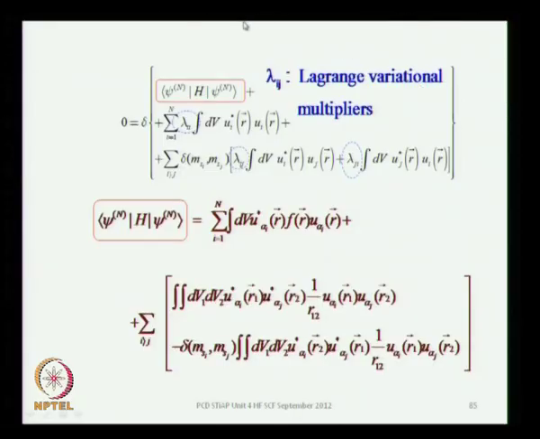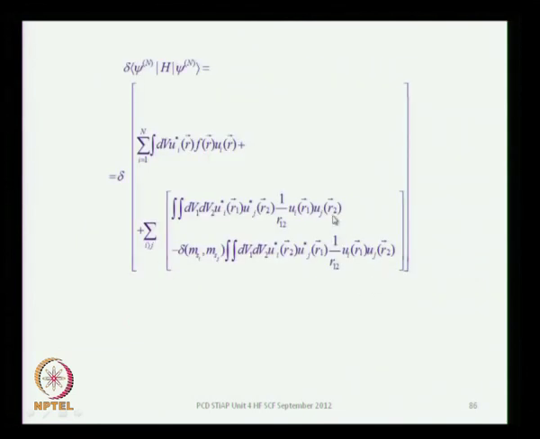Now, if you look at the first term here alone, in this red loop, this is the sum of the single particle integrals and the 2 particle integrals, the Coulomb minus the exchange. So, I am now looking only at the variation in this expectation value of the Hamiltonian, which is made up of these 1 particle and 2 particle integrals, 1 center and 2 center integrals.